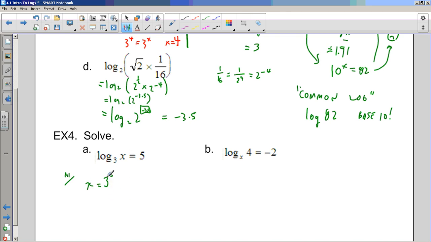So then all I have to do is put that into a calculator. 3 to the exponent 5, I believe, is 243. I just put in 3 to the exponent 5, or this might be your exponent button. I don't know what the button on your calculator looks like. It's 243. That's a bit messy.